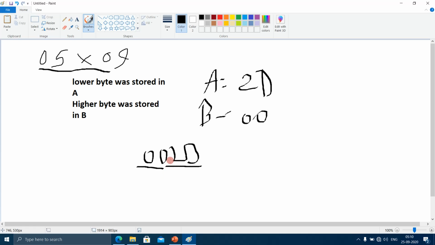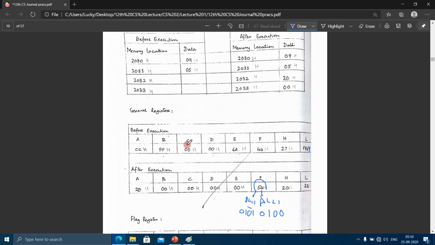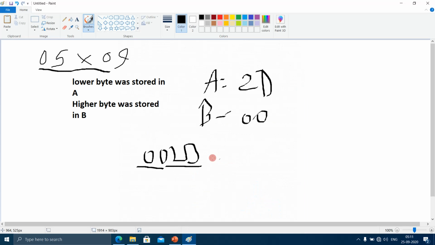What if the answer is greater than 1 byte? As it is mentioned in the question, the 2 byte result should be stored in consecutive memory locations starting from 2032 beginning with the lower order byte.